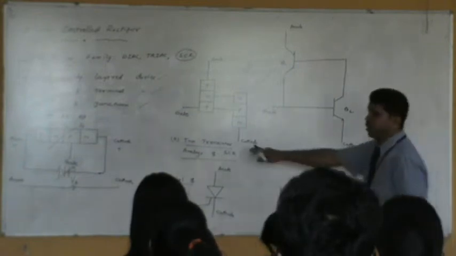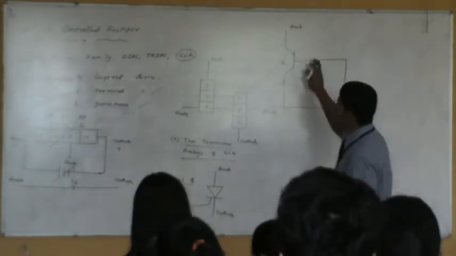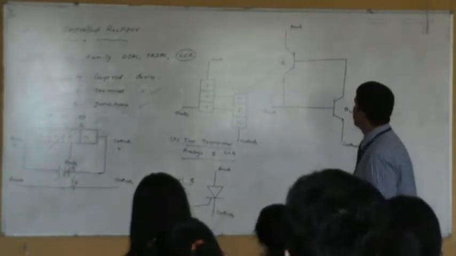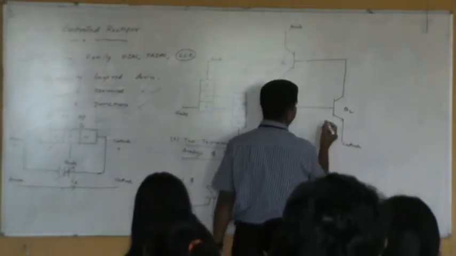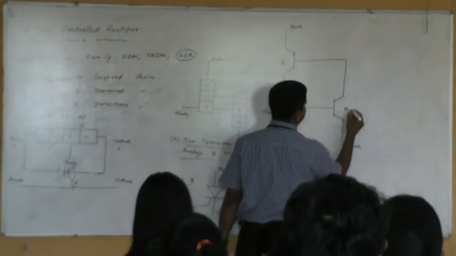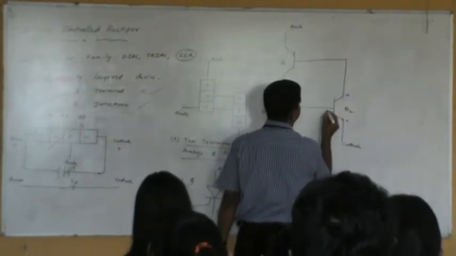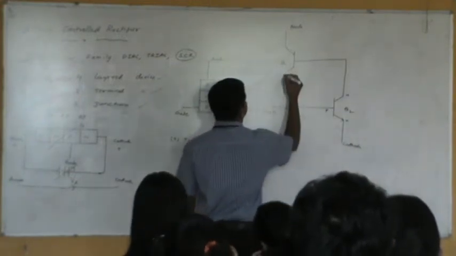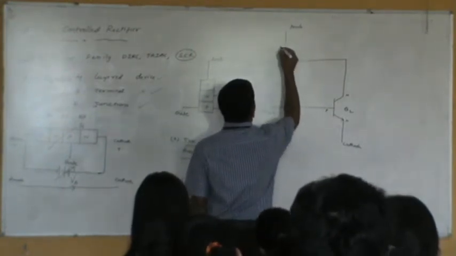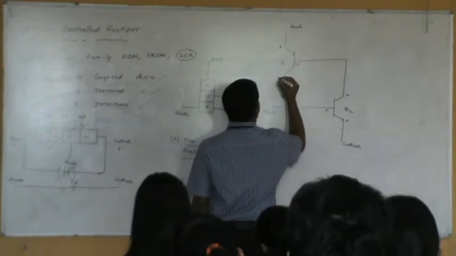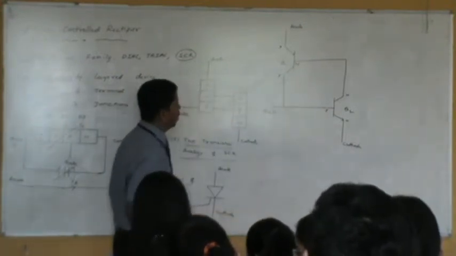Just in the same way, whatever I have talked about here, I have written down with the help of symbolic representation. We have a gate here, and this is going to be the NPN transistor. We have N here, and the middle one is going to be P. Similarly, this is going to be the PNP transistor. This is P type, the middle one is N, and the last one is P type.